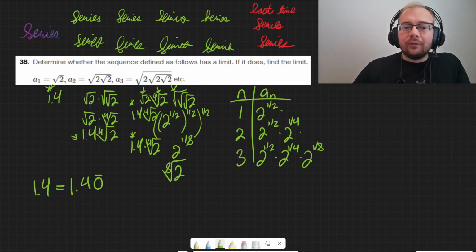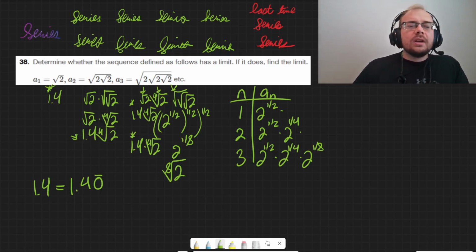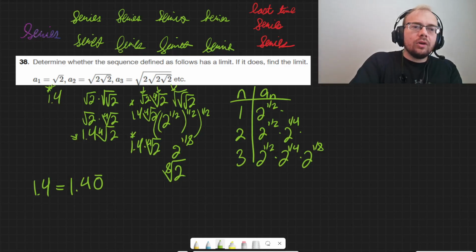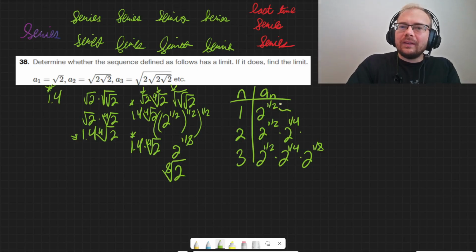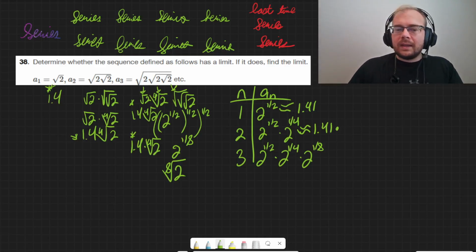What about to the fourth? So 2 to the 1/4 is 1.2. Actually, let's go ahead and get two decimal places. That's 1.41. So this is 1.41 times, and then the next thing would be a 4.